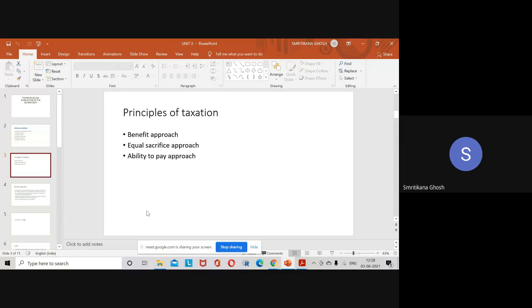The next one, the principle. So, okay, everyone can understand what should be the properties of a good tax structure. But say the tax is following this. The government has accepted all those properties, and the government is structuring the tax like this. But what is the logic behind the imposition of the tax?